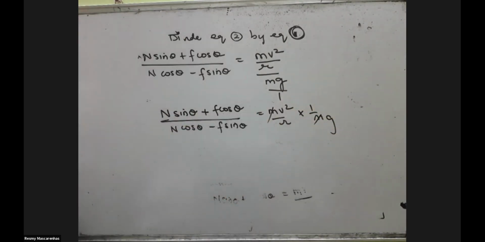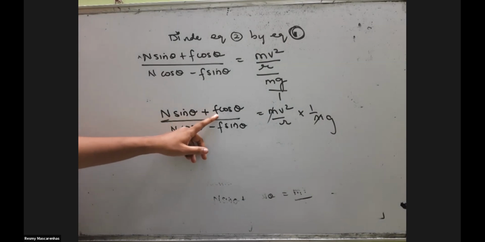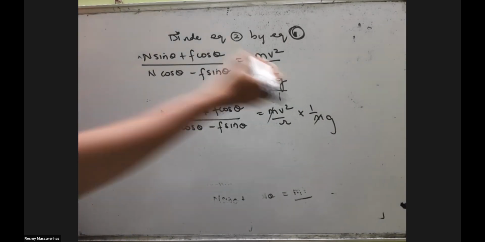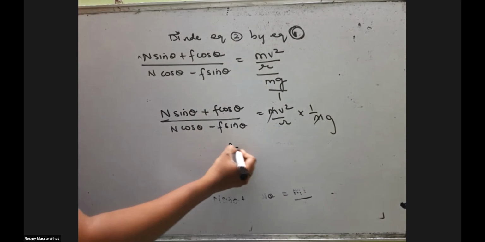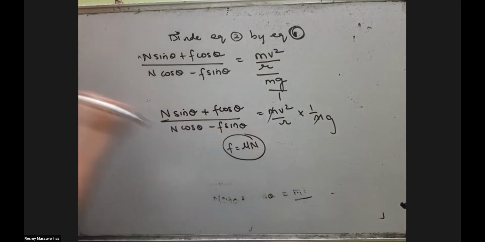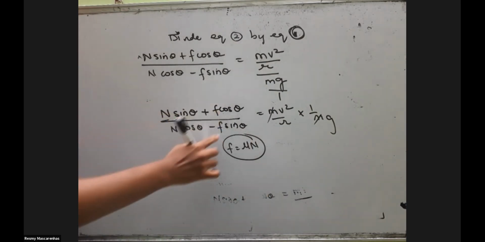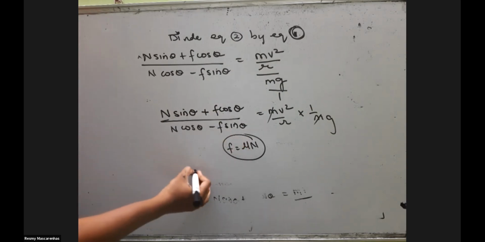M and M will cancel. Now what we'll do is try to substitute friction. We know that friction is always mu into N. So instead of F, I'll put mu N.